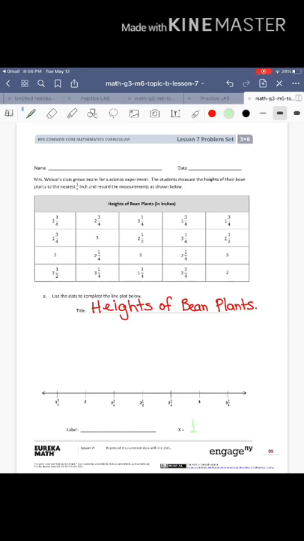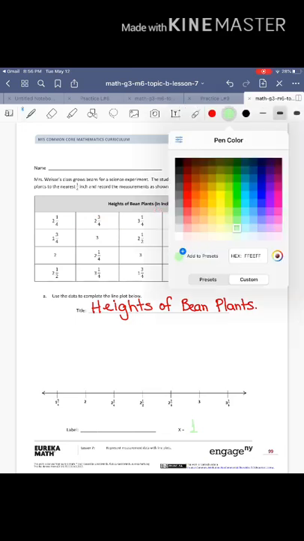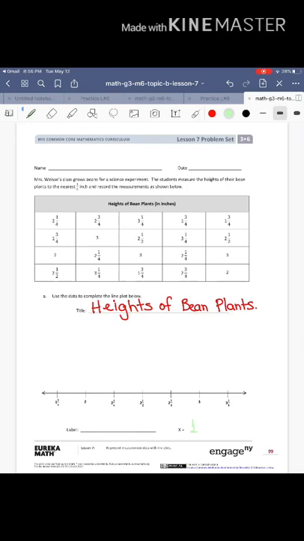And the other thing is that we have to put right here where it says label what the unit is, how we are measuring in this chart, and we're using inches. So that's what is going to go on the place that says label. You're labeling using inches.